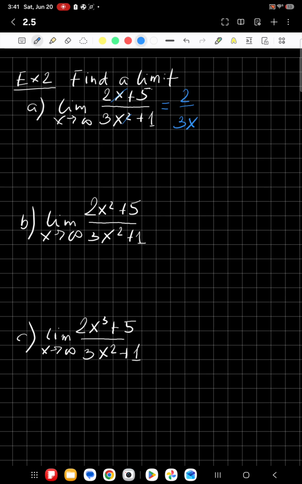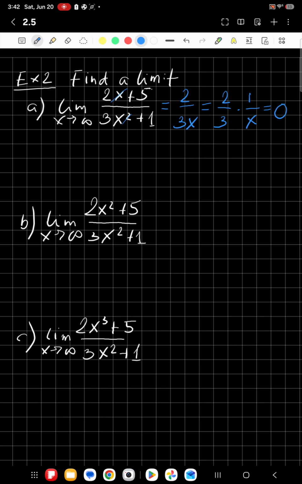Remember, we could look at it like this, times 1 over x. If x is approaching infinity, this is 0, and anything times 0 is simply 0.